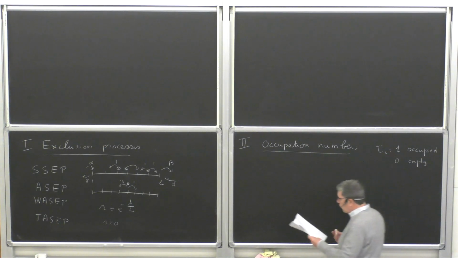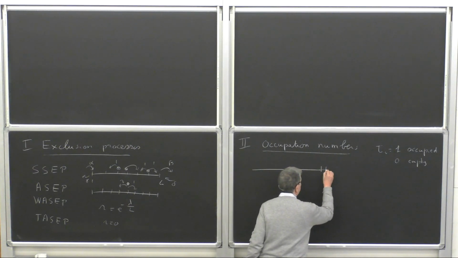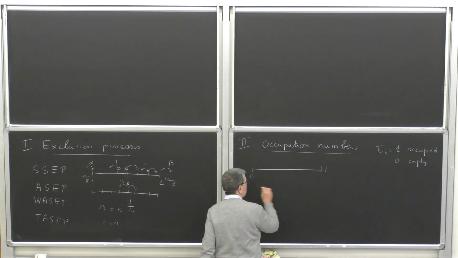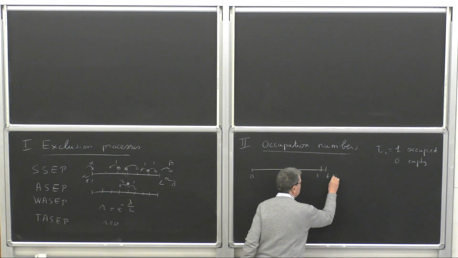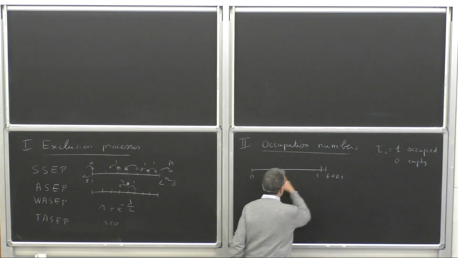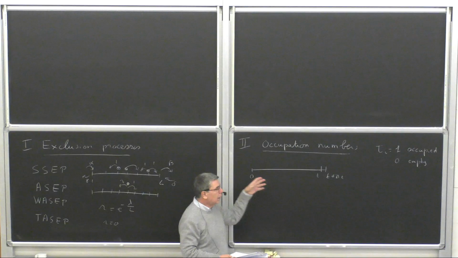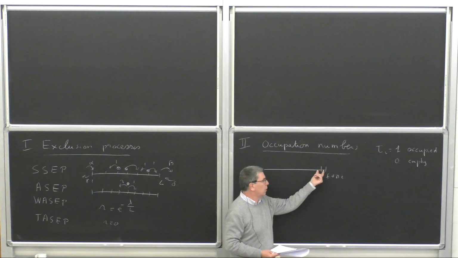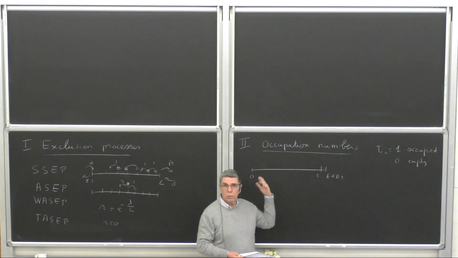So in order to write the evolution, I want to go from time t to time t plus delta t. In order to know what happens at time t plus delta t, let's first average over what happens in the very last part, and then average over the whole process.